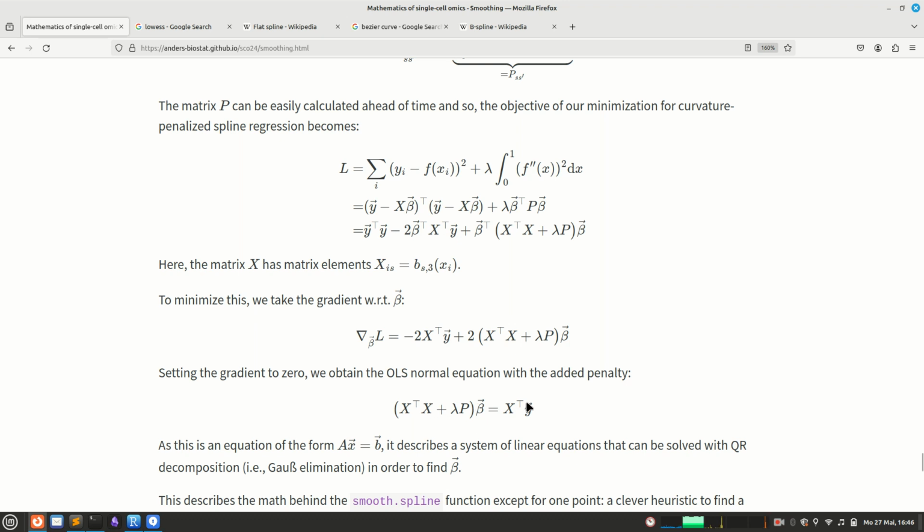In this xty, you can also calculate immediately. You take your data vector y and your xt, and you carry out this matrix vector multiplication so that you have the whole thing simply a matrix times an unknown vector is a known constant vector, ax equals b.